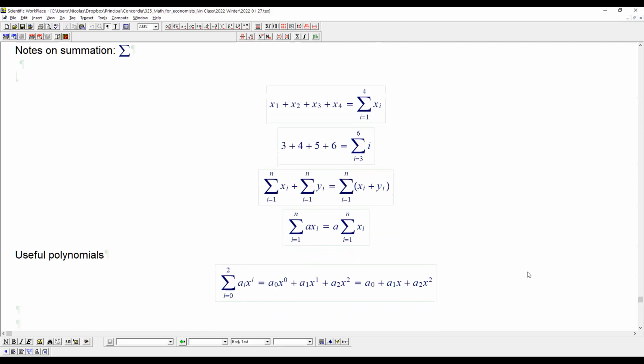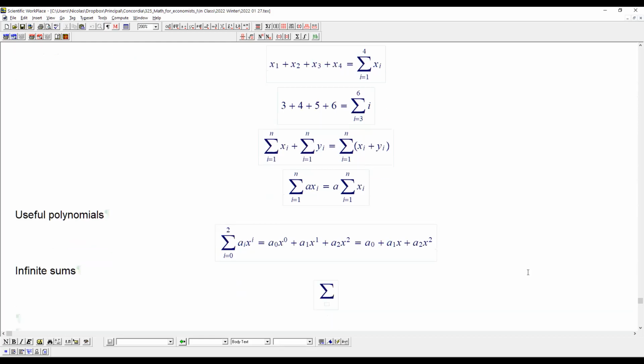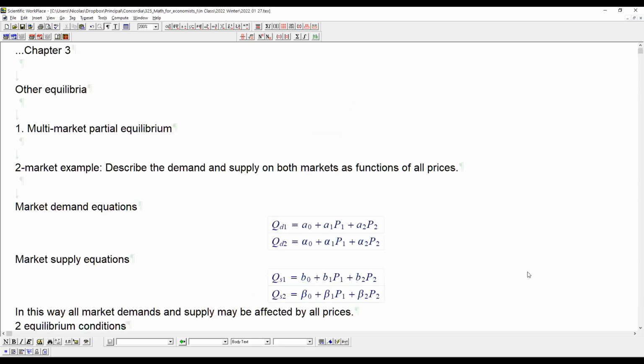All right, infinite sums. I don't know if you remember this. So if I have the sum for i equal 1 to infinity of 1/2 to the i.